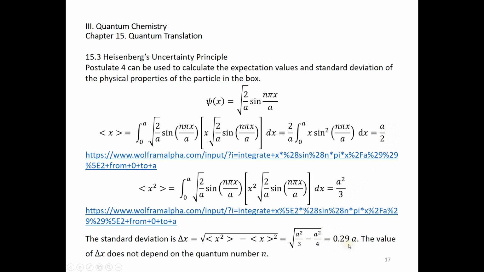So this is the standard deviation of the position of the particle in the box, and this value does not depend on the quantum number n. So no matter if n is 1 or 2 or 3 or 4, the standard deviation of the position is always 0.29a.